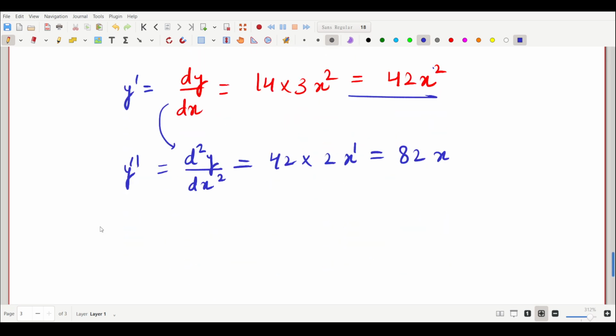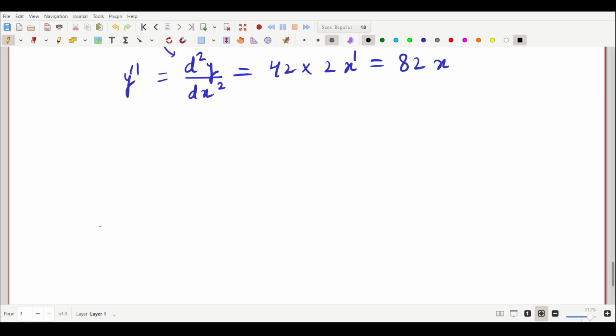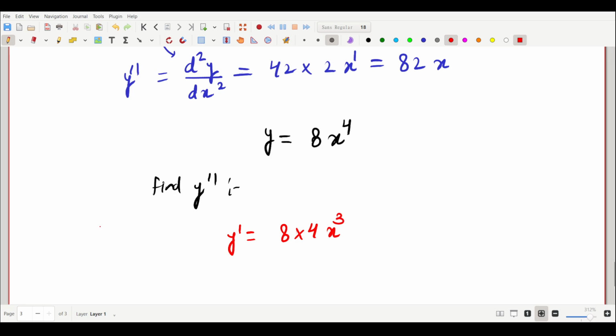For example, if the equation of y is 8x to the power 4, and the question is asking to find the double differential, how will you do it? Same thing. First we find the single differential y dash, which will be 8 times 4 x to the power 3, so 32x cube.